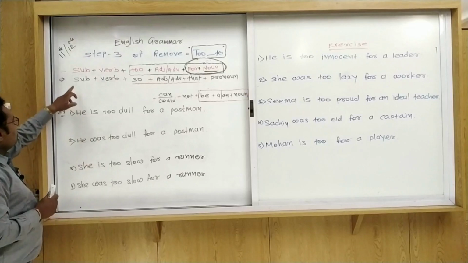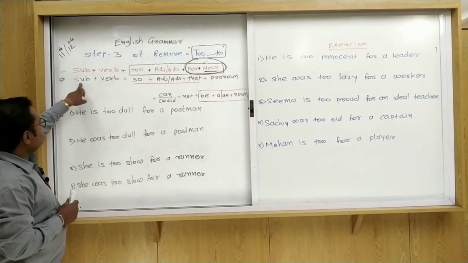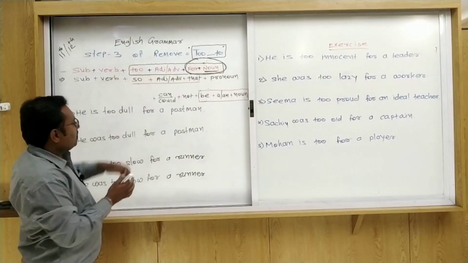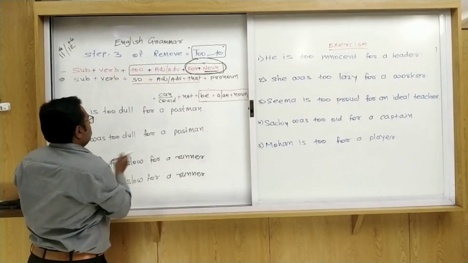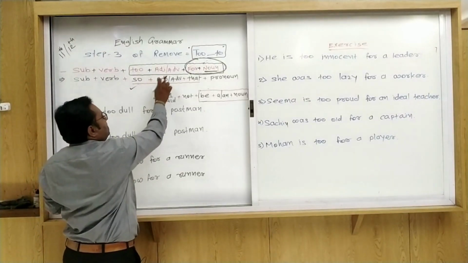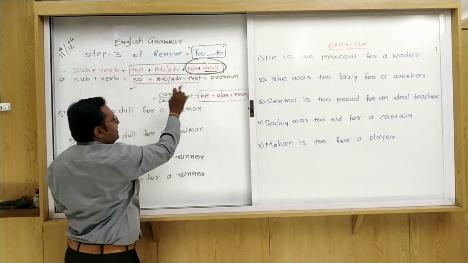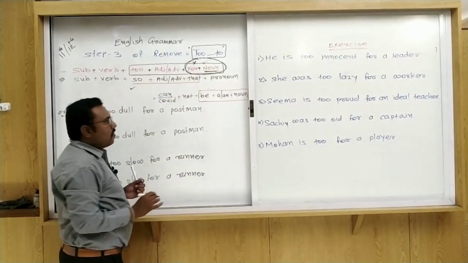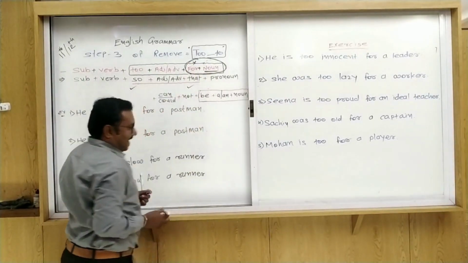Let's see that. The structure is subject plus verb, remove too and use "so", that you know very well. The same thing: adjective, adverb, and "that" as a conjunction. It is necessary to remove "for" and use that.